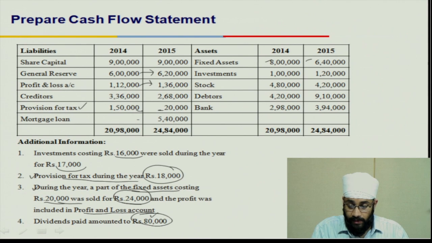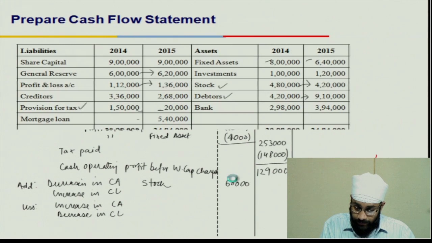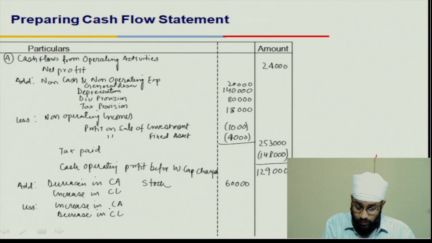So let's go to balance sheet. Look at the current assets, stock, debtors. So stock goes down, debtors go up. So we need to add the reduction in the stock, which is 60,000, and we have increase in debtors, which we need to deduct.